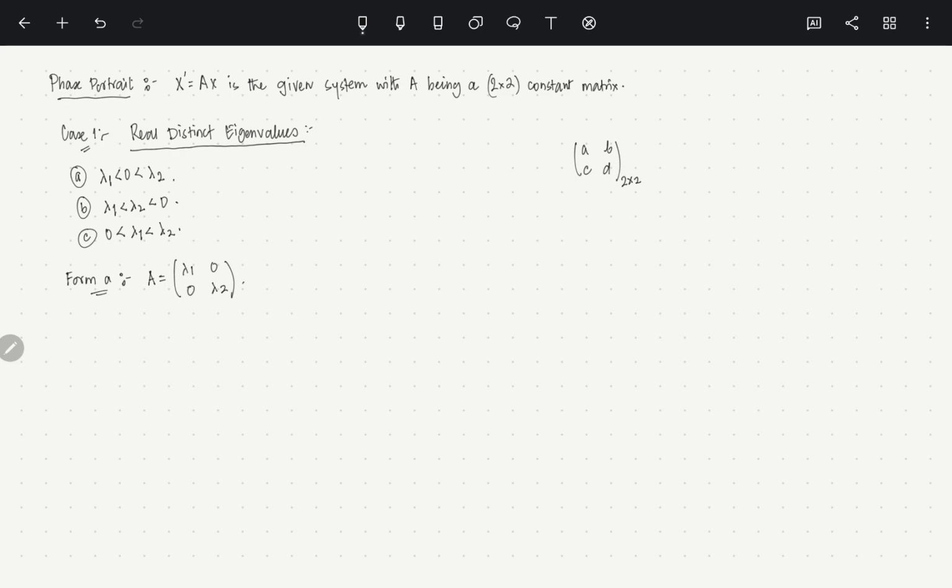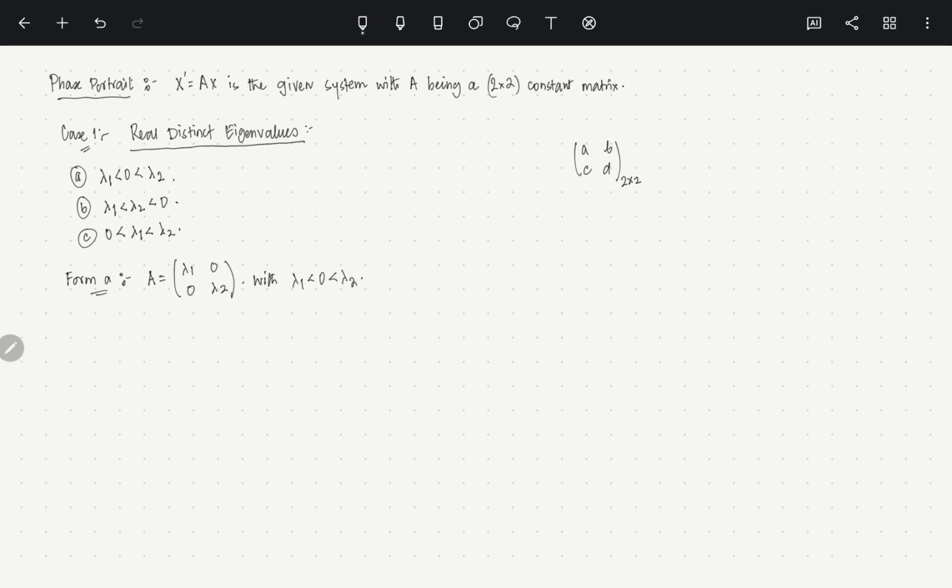Okay, so first of all, let's say this form is there. This is the most easy, or natural form, right? So A is lambda 1 0 0 lambda 2. Okay, so you remember that diagonal form, right? And with the first part, 0 is between lambda 1 and lambda 2.